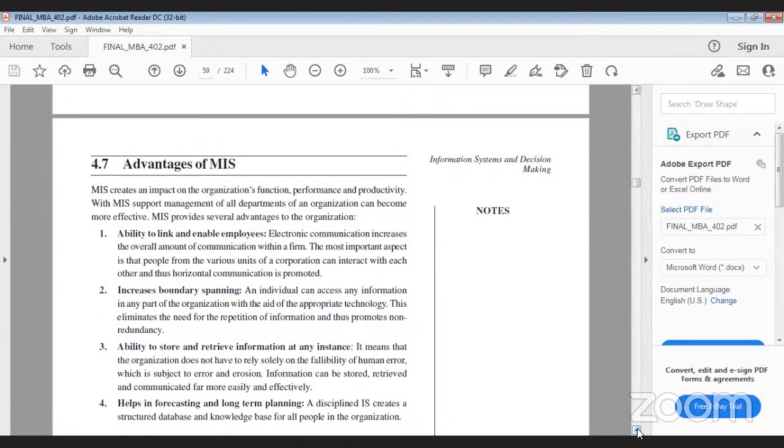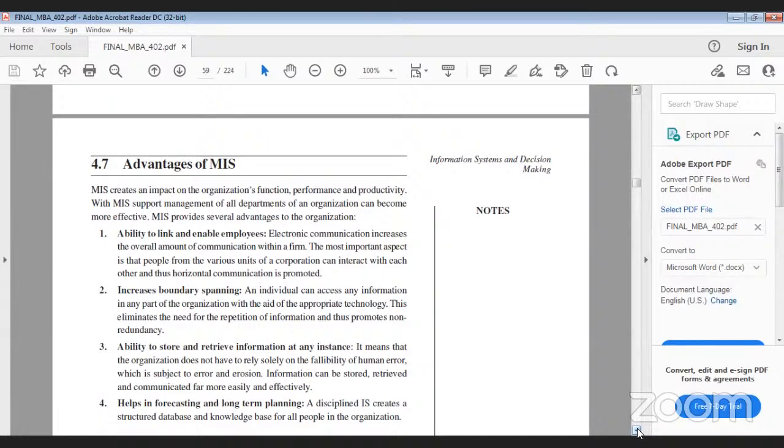Advantages of MIS: it creates an impact on the communication functions, performance, and productivity with MIS support. Management of all departments of an organization can become more effective. MIS provides several advantages to the organization. First is the ability to link and enable employees.